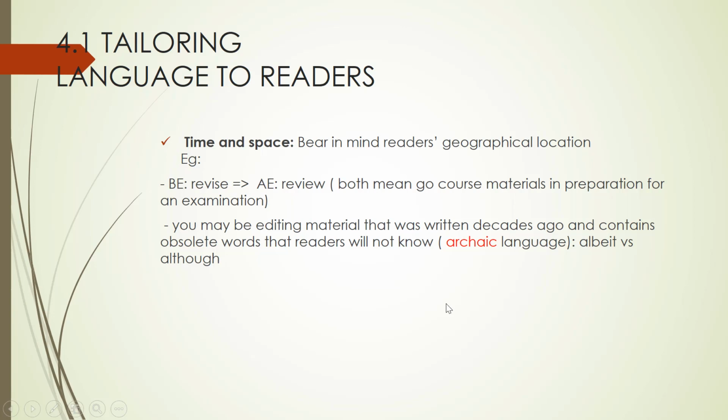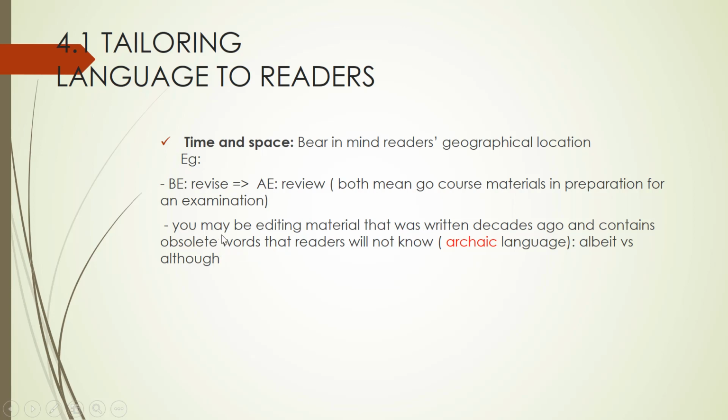The next reason is a problem of space and time, or time and space. You should bear in mind that the reader's geographical location can affect how well they understand a text. For example, for British English users, we say revise, but the equivalent is review in American English.